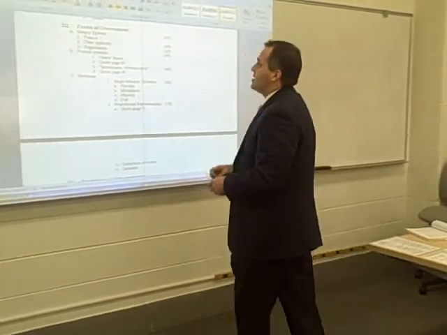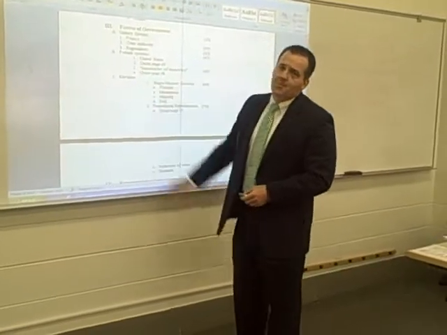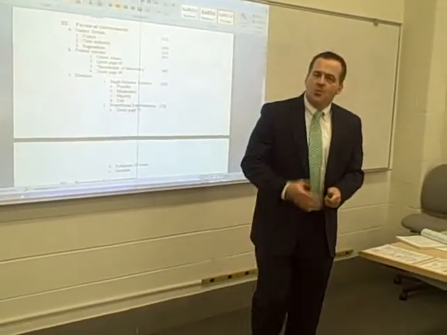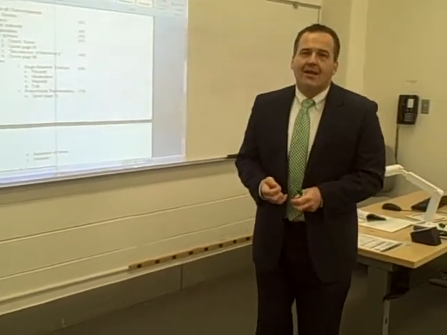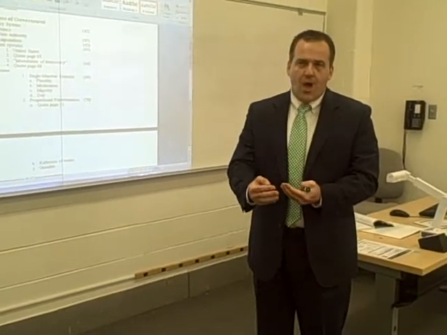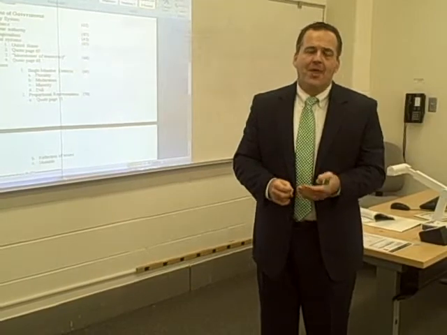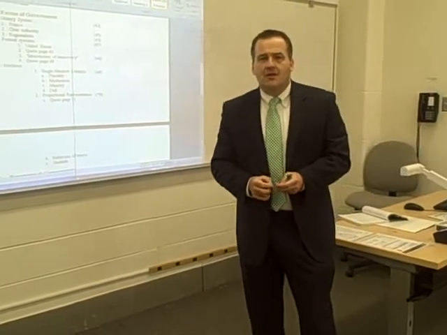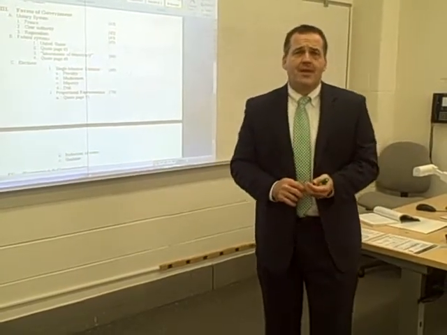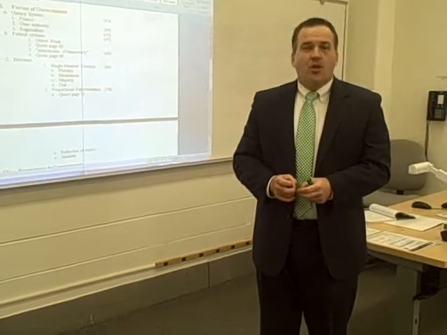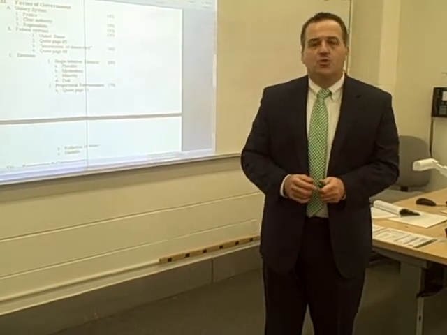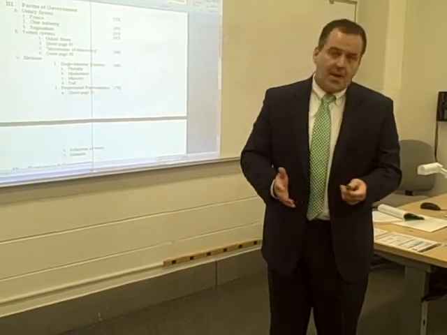Now, in the United States, we've got what's known as a federal system. And when you consider a federal system, really what we're talking about here is the idea that there are going to be more than one level of government ruling over you at the same time. Think about it in its most basic sense like this. If you're living in Montgomery County, Maryland, you are going to be subject to the jurisdiction of the United States government. That makes sense.